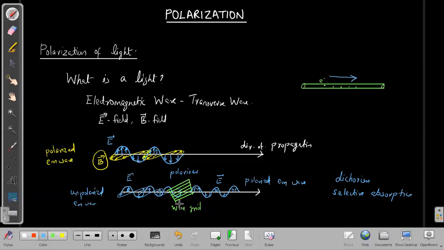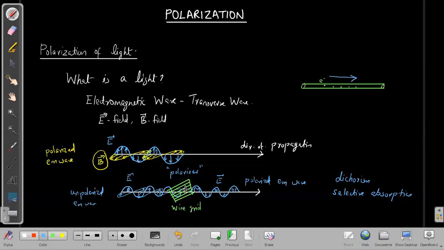Now, this type of wire grid polarizer is not very effective. So people have found a new technique to polarize electromagnetic waves using the same mechanism, but instead of a wire grid, they used a molecule.